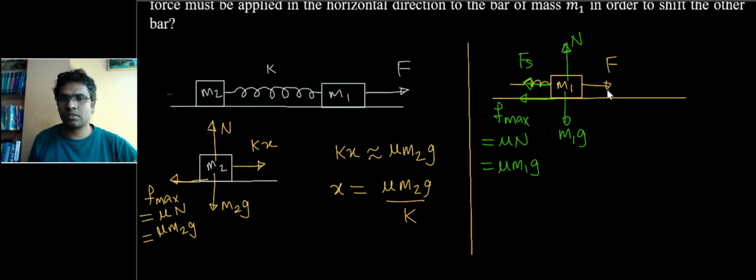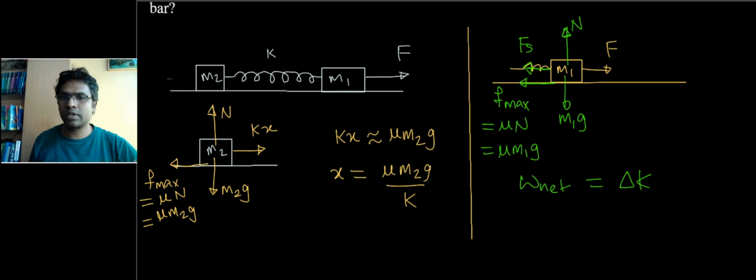Here, if I apply the work energy theorem by taking the bar with mass m1 as a system, we can get that minimum extension. Net work done is equal to change in kinetic energy. Now there are three forces which are trying to do work on the bar of mass m1.